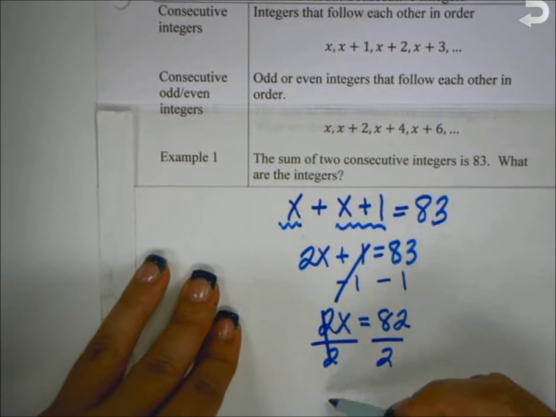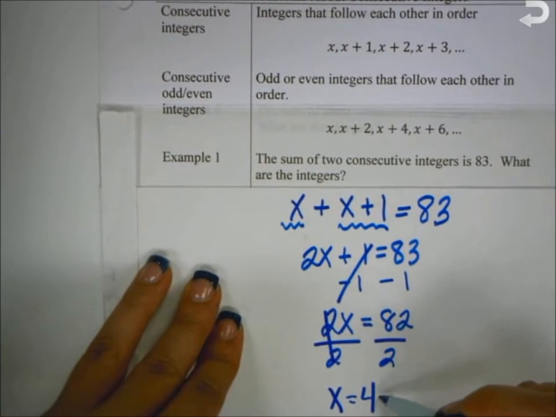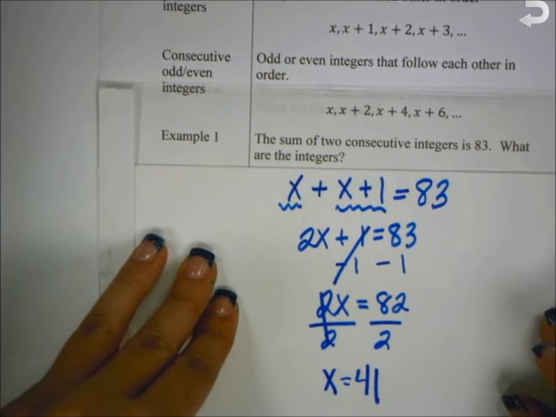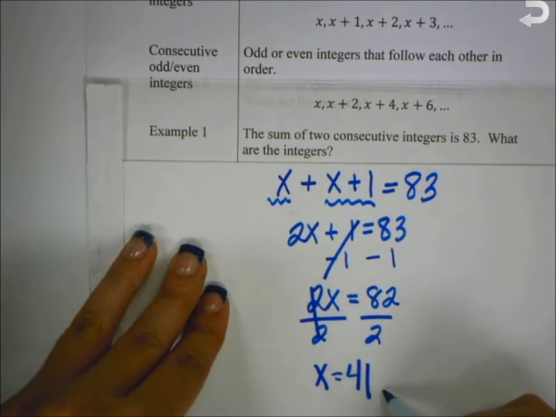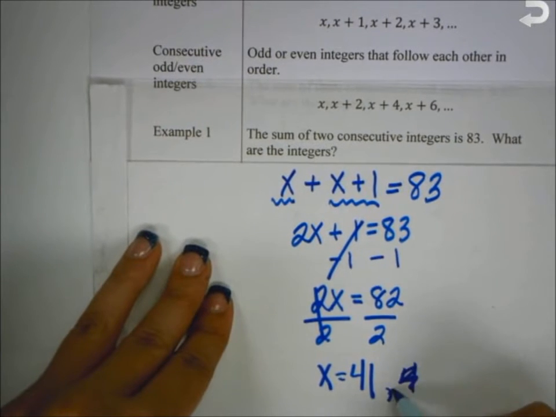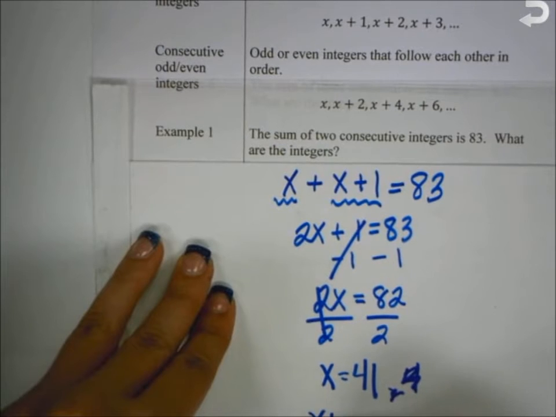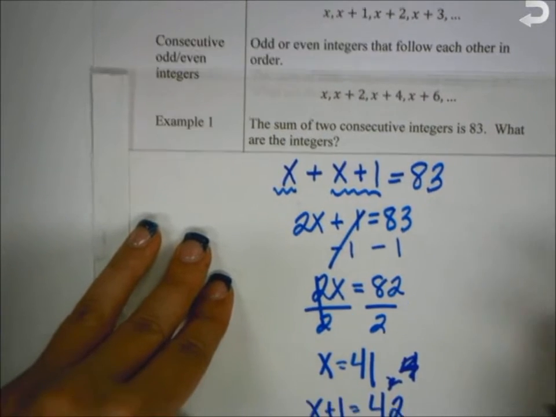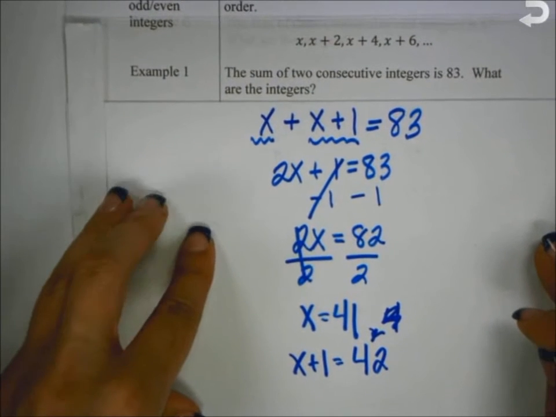That's one integer. What's the next integer? What's the next consecutive one? 42. So x equals 41. So x plus 1 equals 42. Does that work? Let's try it.